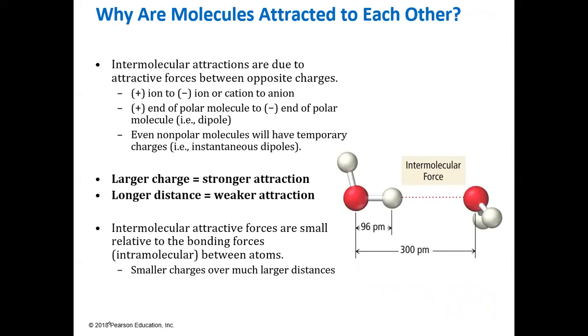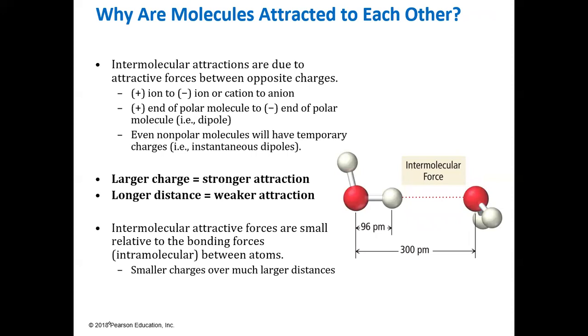All right, next slide says, why are molecules attracted to each other? Well, again, an attraction is usually between charged particles. So oppositely charged particles are attracted to one another.